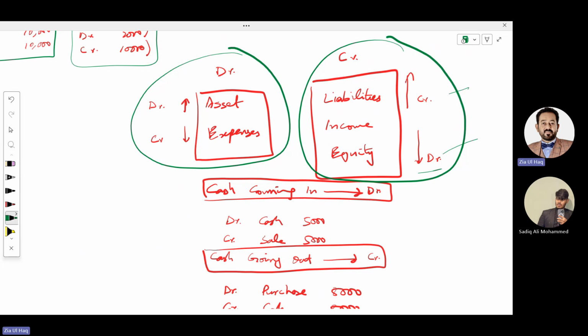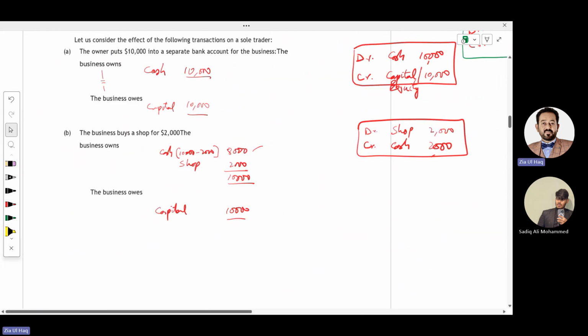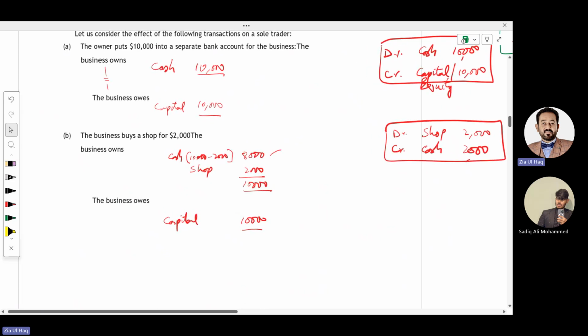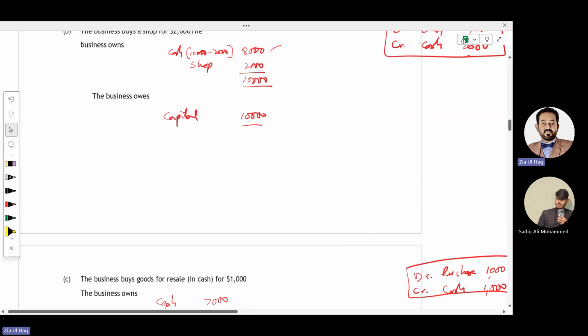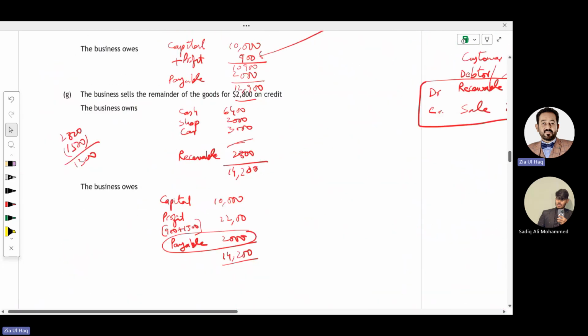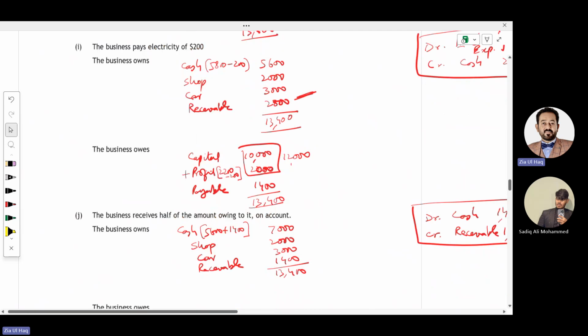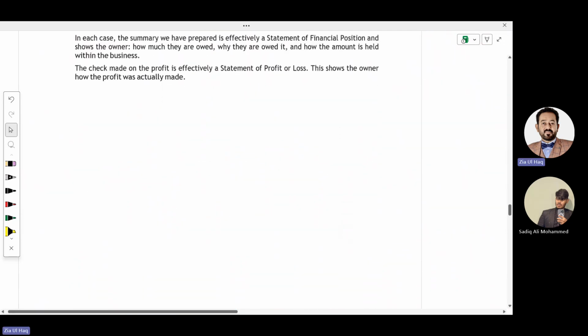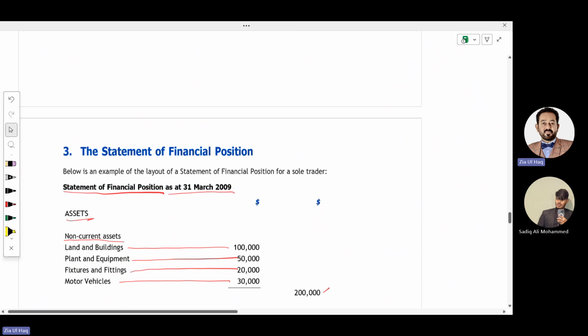Can you understand this? And what we have covered, the two sides should always be equal. Meaning assets should always be equal to equity plus liabilities. We have calculated some examples of how the two sides will remain equal.